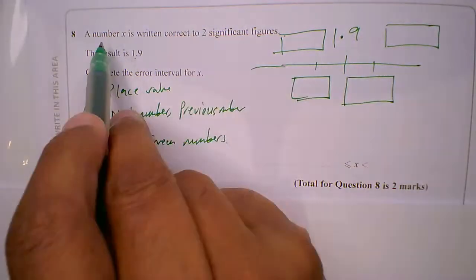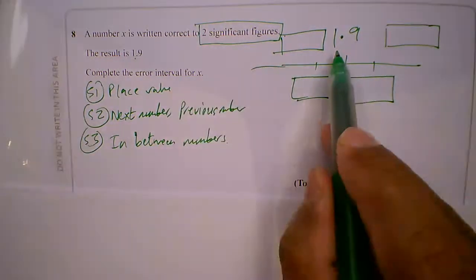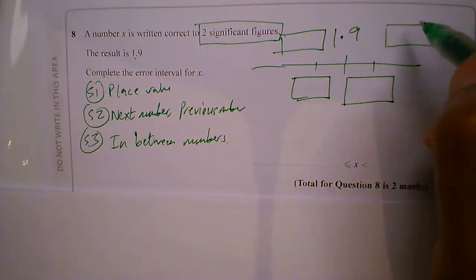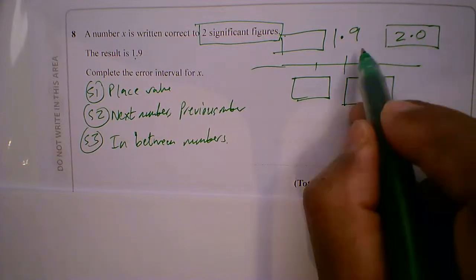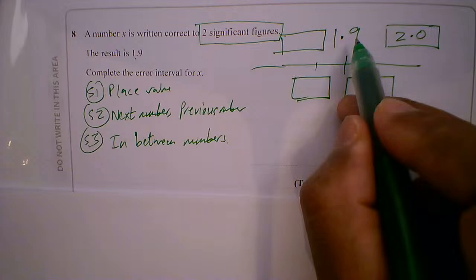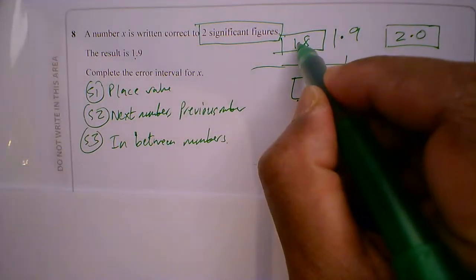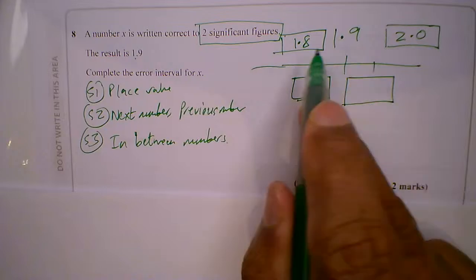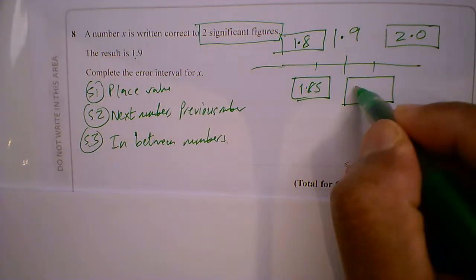All right, so it's x is written to 2 significant figures. So if it's 1.9, the next one will be 2.0. Imagine 19, then 20, like that. Then we can work backwards. 20, 19, 18. So becomes 2.0, 1.9, 1.8. What's in the middle of these two? 1.85 and 1.95.